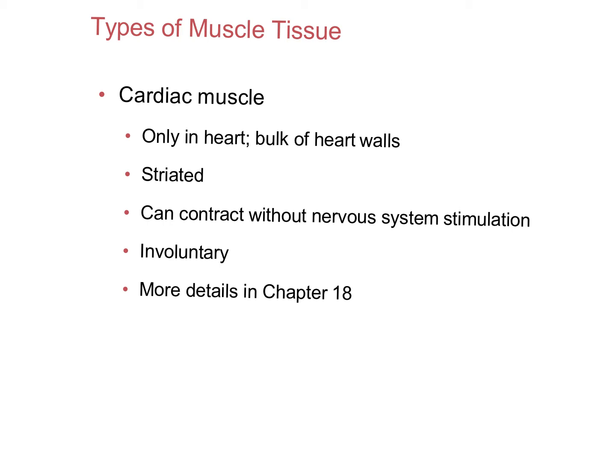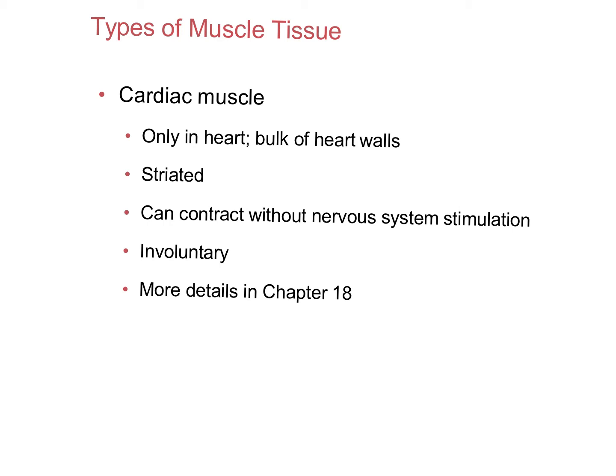Those myofilaments work to contract the muscle. The difference is that the structure of the filaments in cardiac and skeletal muscle is different. Although they're striated, they're not structured the same way. So if they're not structured the same way, what do you think about their function?